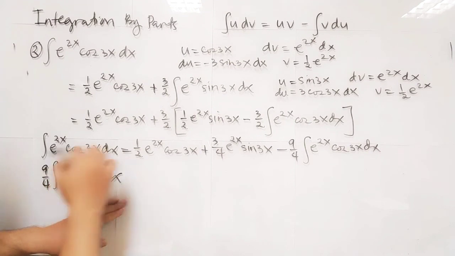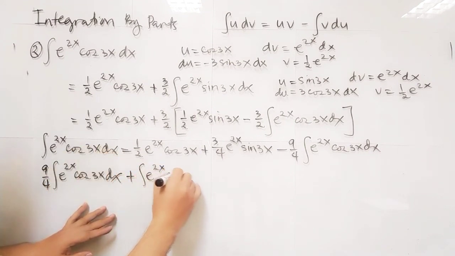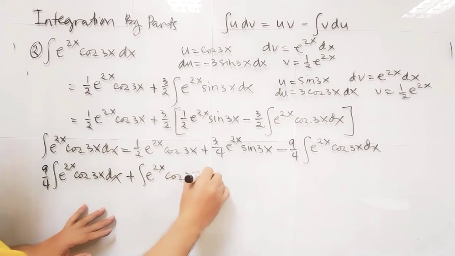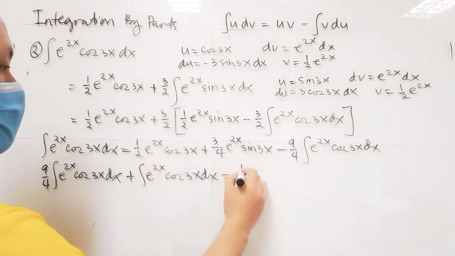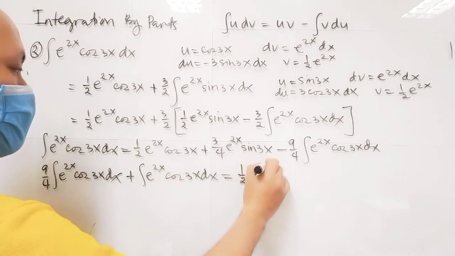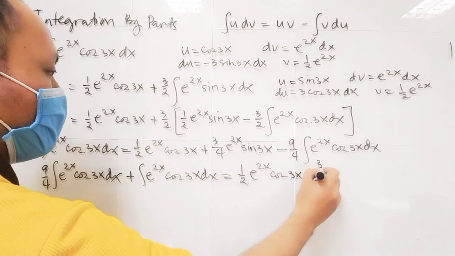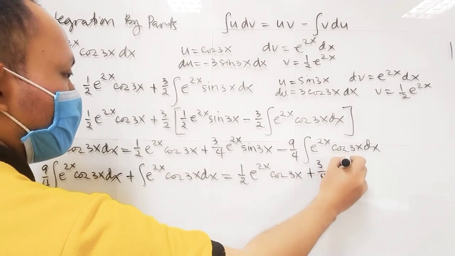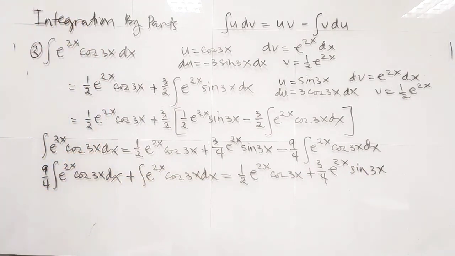And then we have plus the integral of e 2x cosine 3x dx. That is equivalent to, I will just copy here, 1/2 e 2x cosine 3x plus 3/4 e 2x sine 3x.